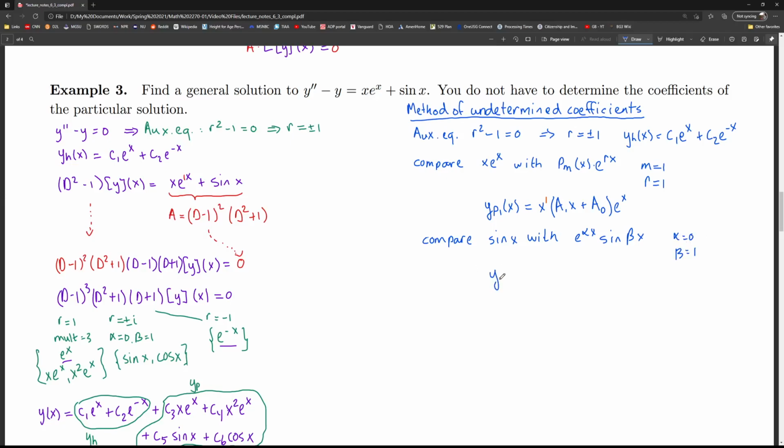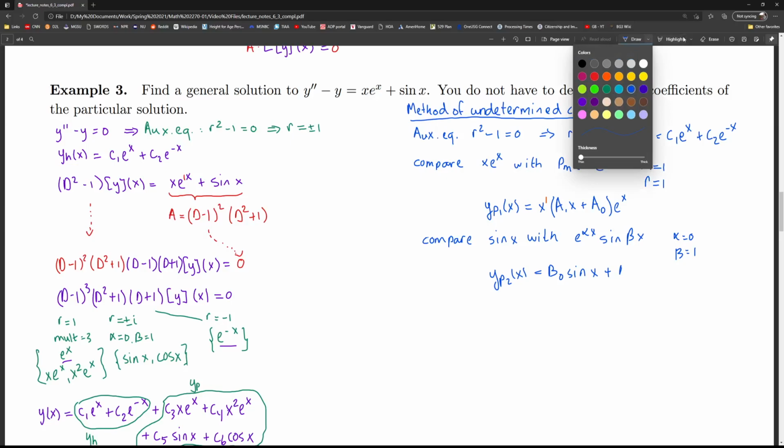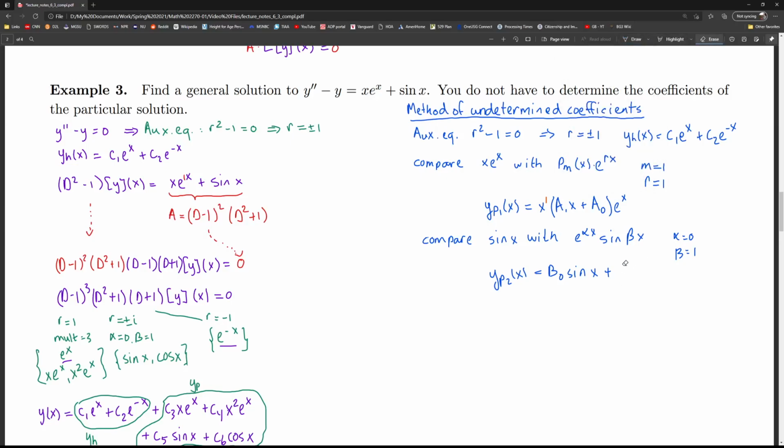So our second particular solution would have this form. yp2 is equal to b naught sine of x plus, well, we can't use a naught here, so let me just use c naught cosine of x.